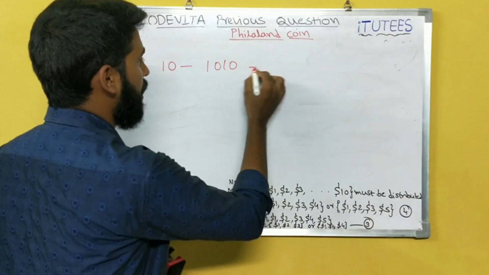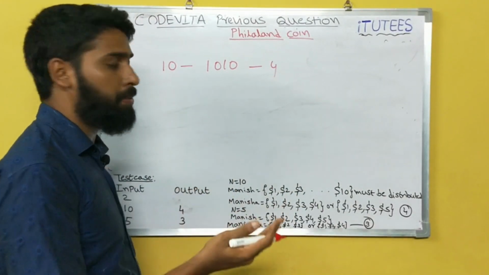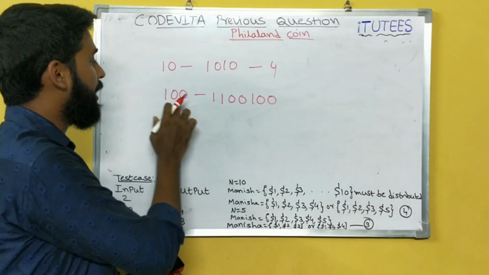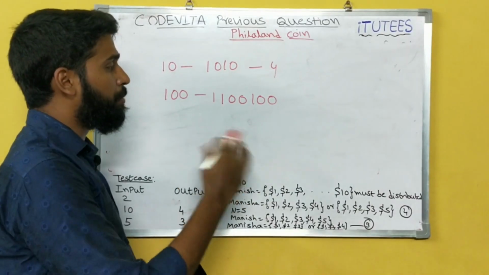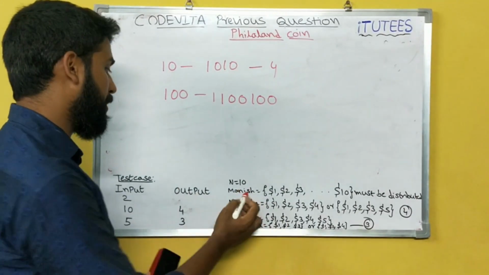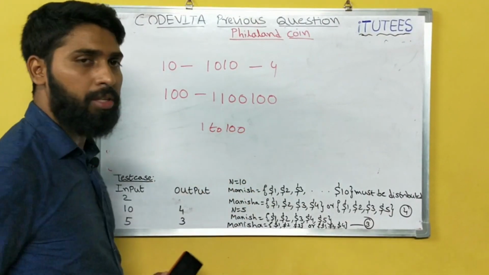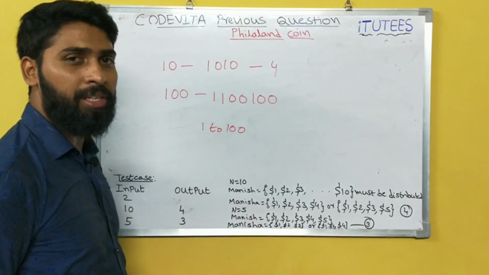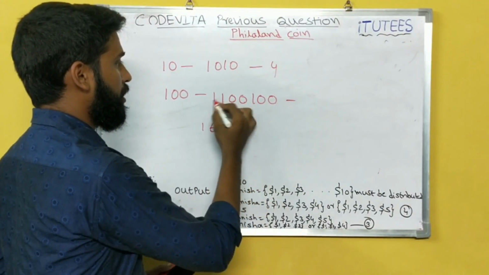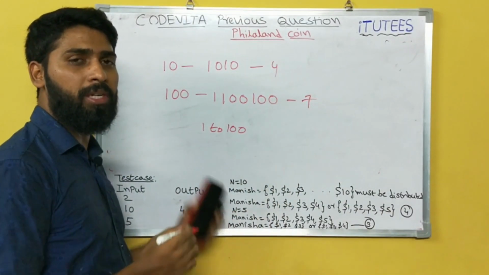That's it, this is the answer. 4 coins are enough to represent 10. If the highest cost in the land is $100, how many coins can they make? As per Manish, they can make 1 to 100. But as per Manisha, we can find 1, 2, 3, 4, 5, 6, 7. 7 types of coins are enough to represent 100.